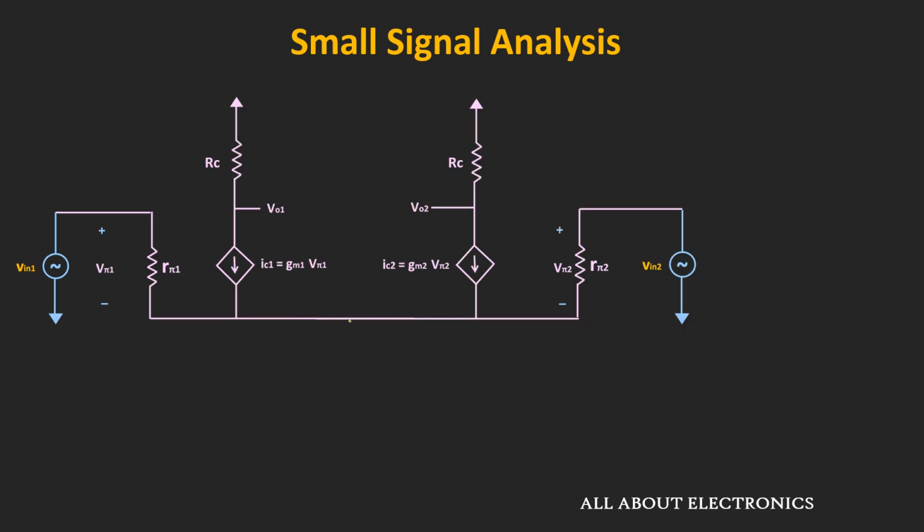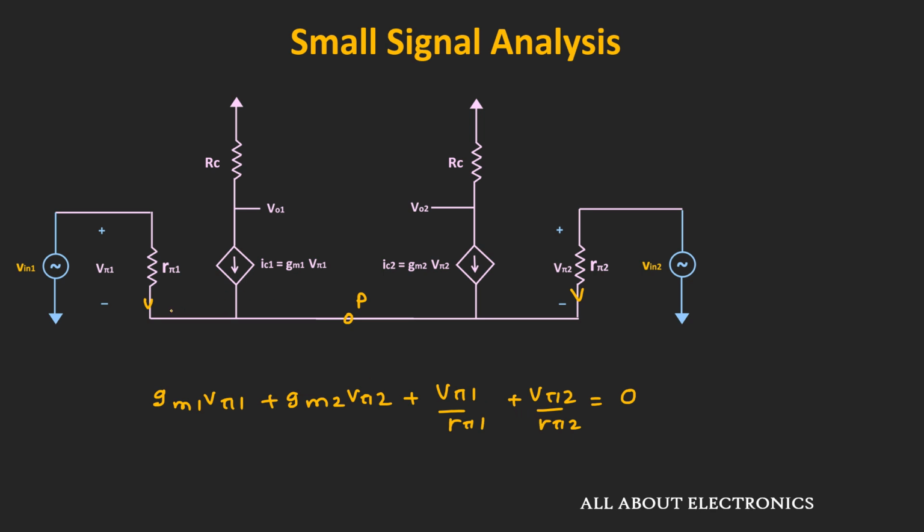Now if we apply the KCL at this node, then we can say that gm1 times Vpi1 plus gm2 times Vpi2 plus Vpi1 divided by rpi1, that is this current, plus Vpi2 divided by rpi2, that is this current, is equal to 0.